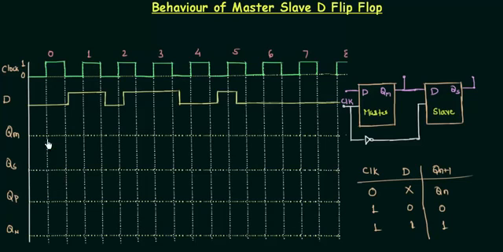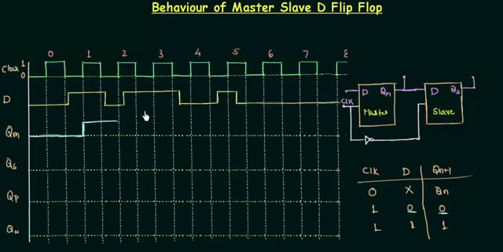QM is 0 for this high pulse because D is 0. You can see from here, if D is 0, the output is 0. So I have QM 0 up to this point, and again when the clock is high, D is high, so QM will also go high till the next high pulse.